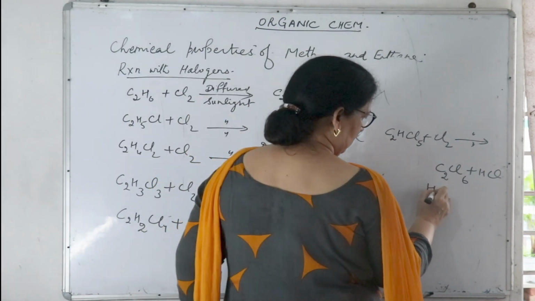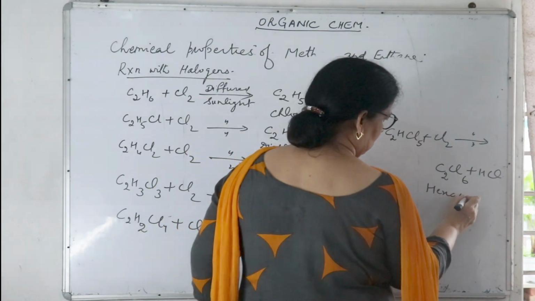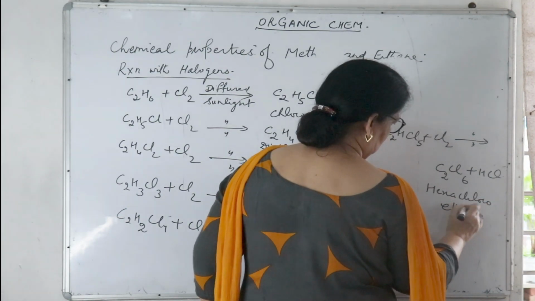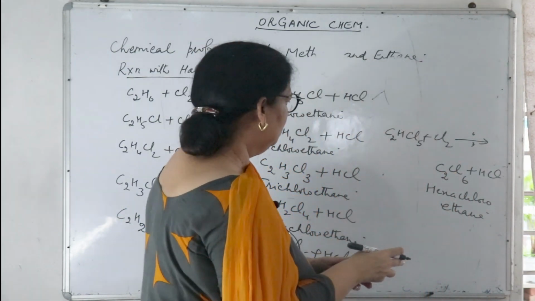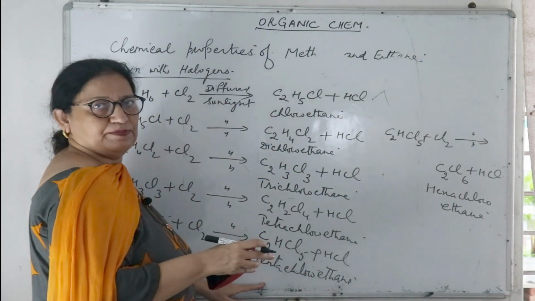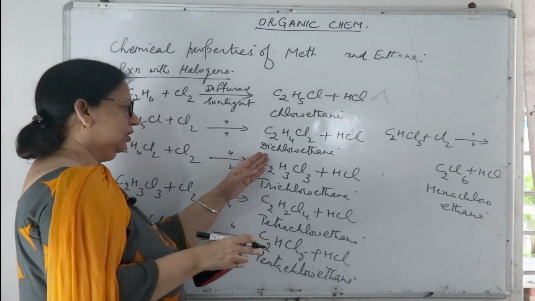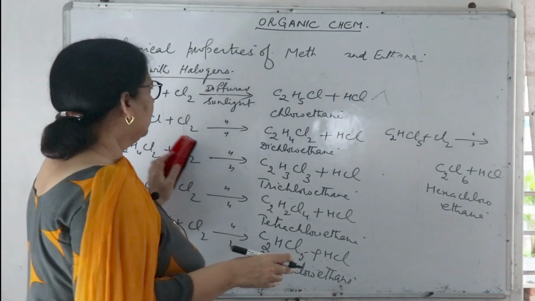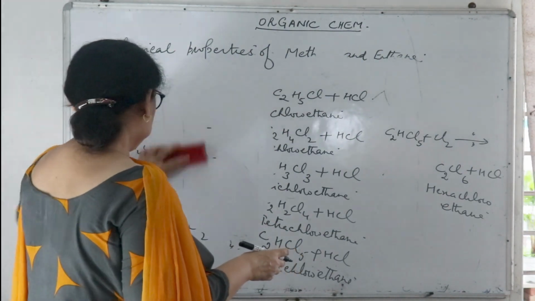This is called hexachloroethane. So all the hydrogen is removed. These are 6 steps with their IUPAC naming. I hope that this is clear to you.